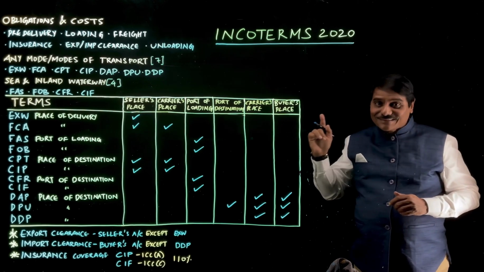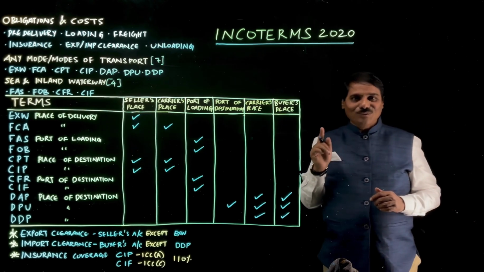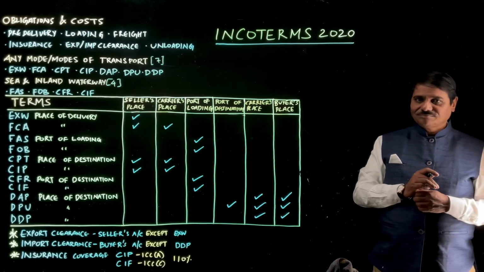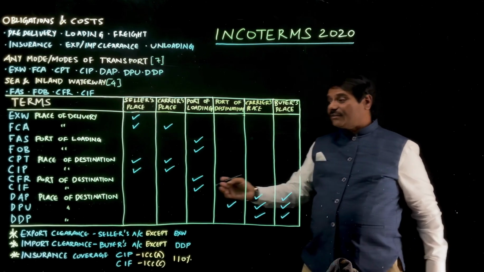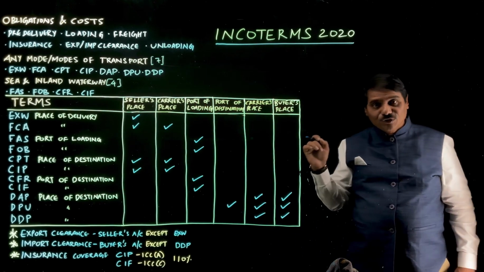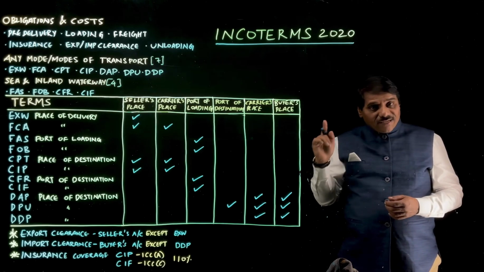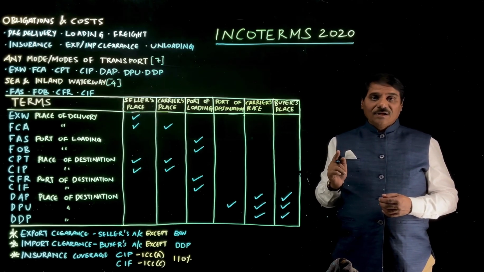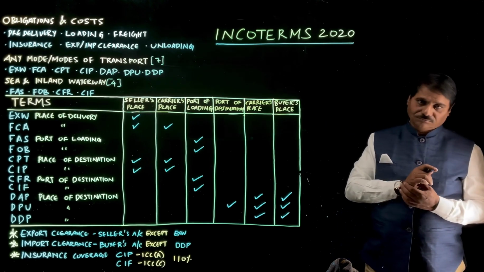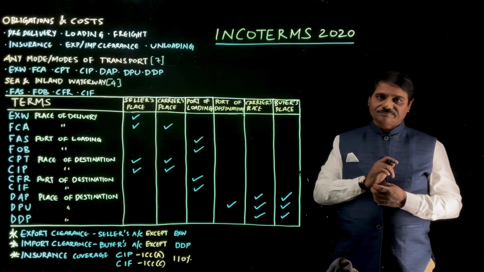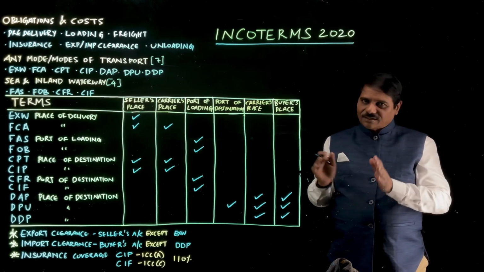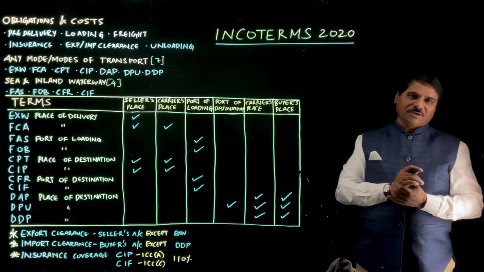It is the seller's responsibility to clear the goods for both export and import. Please understand, in case of delivered duty paid, seller is responsible to clear the goods for importation also. And whatever the local VAT taxes are there, that is seller's responsibility.